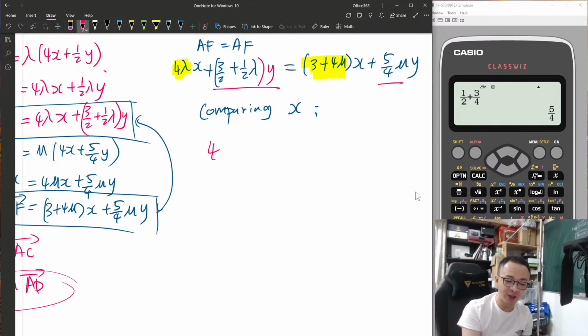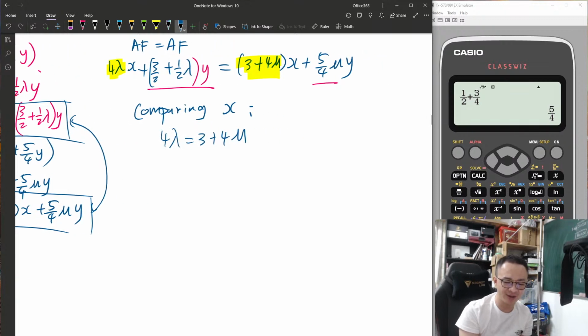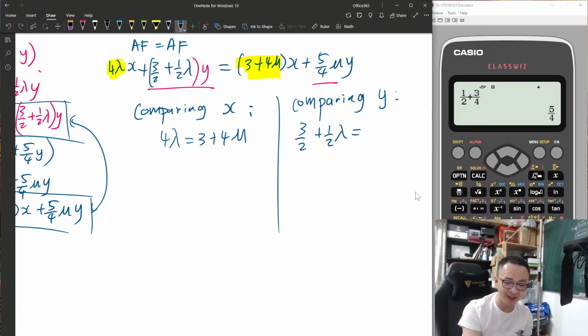Okay, so 4 lambda equals 3 plus 4 mu. This equation is not friendly because I have two unknowns. Comparing y, 3 over 2 plus half lambda equals 5 over 4 mu. Both equations have the same pattern. Should I use elimination?